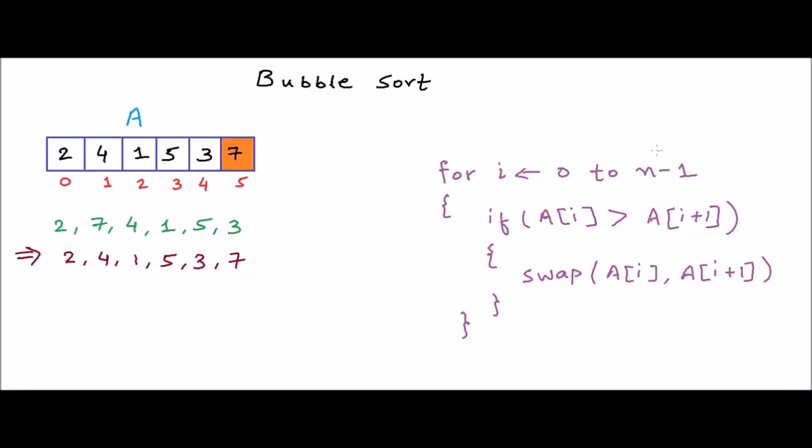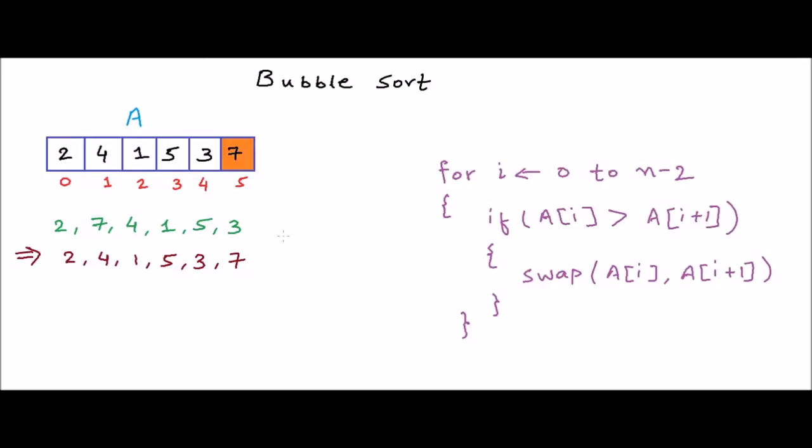If i is equal to n-1, it will be the last index, so there will be no element after that. So we will not be able to access A[i+1]. So we will run this loop only till n-2. We don't want to access an index that will be out of the bound of the array. For i equal to n-1, A[i+1] would have been out of range.